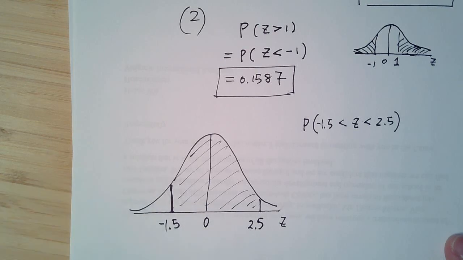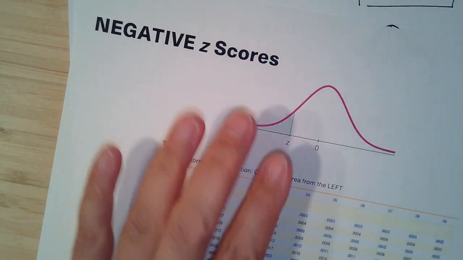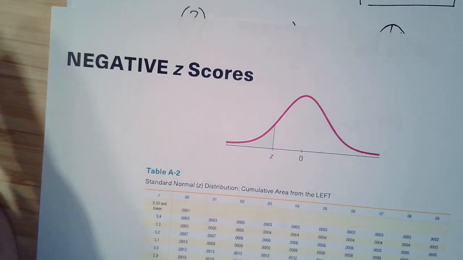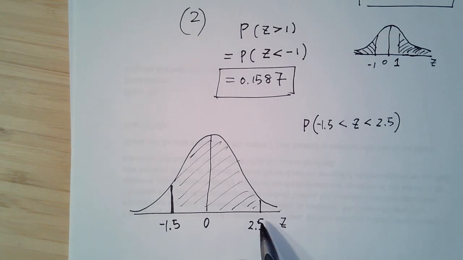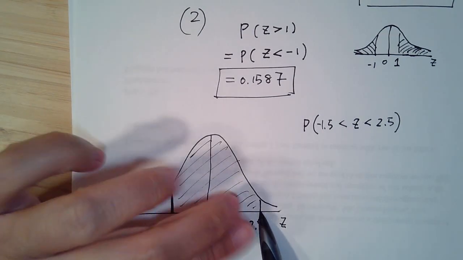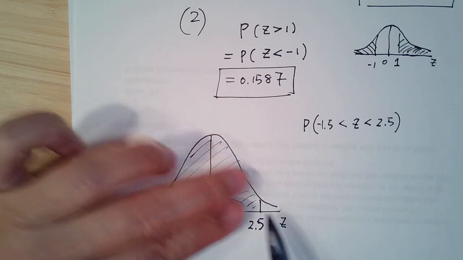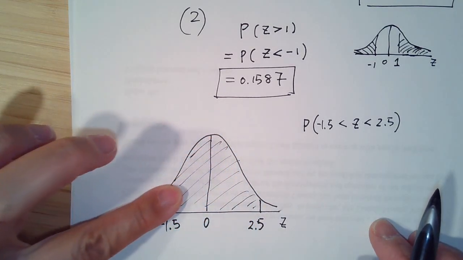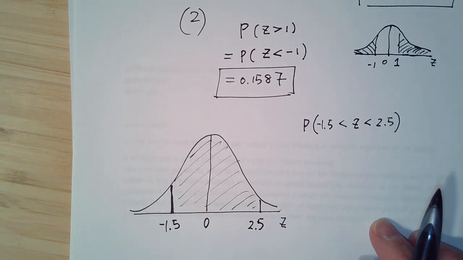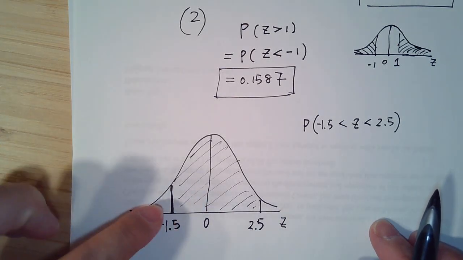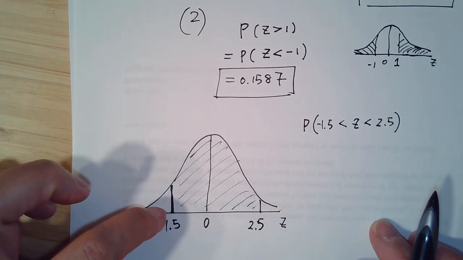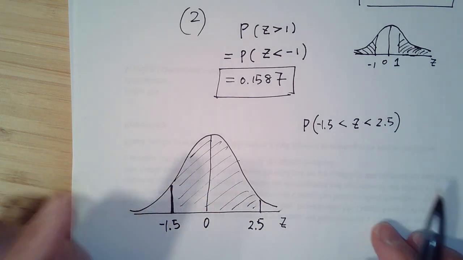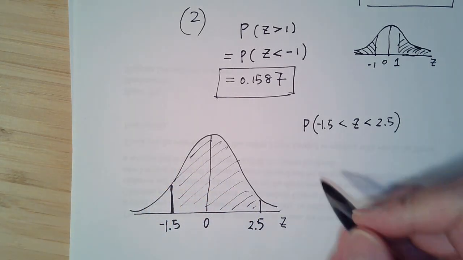All the tables we have only give you the area from a certain point to the left. So we can find when z equals 2.5, if you look at the table, the area you'll find is from here, and all the way to the left. Then if you subtract this little white area from the one you found earlier, you're going to find the difference, which is the shaded area.